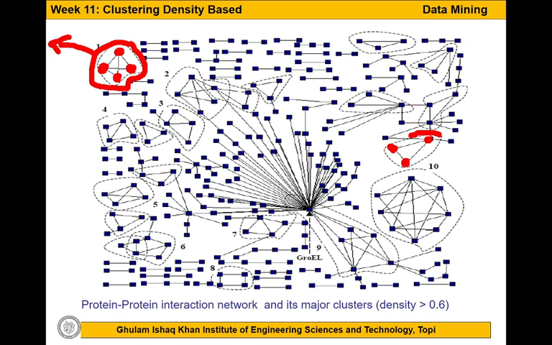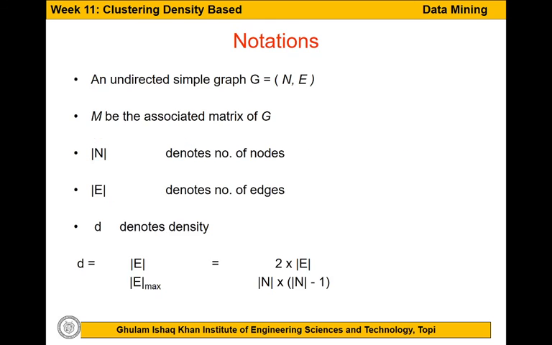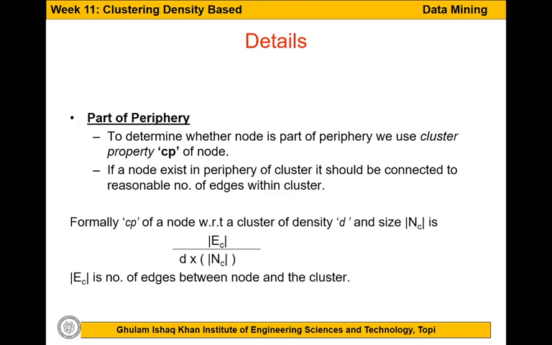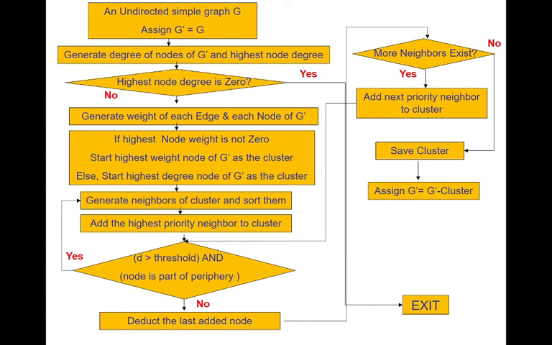So in this case as well, we stop growing the cluster, extract it from the graph, and in the remaining graph we execute the algorithm once again. So this is how this algorithm works. This is the flowchart of this algorithm, which I have explained in detail.